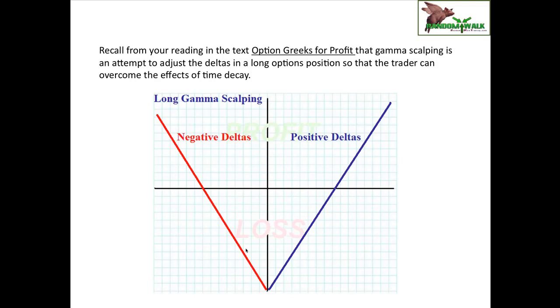Now, the next word is scalping. If you go to the New York Stock Exchange and look at what the specialists do, they buy stock and sell stock, and they put up a bid price and an ask price. As long as the market is in balance, they try to buy on the bid and sell on the ask.